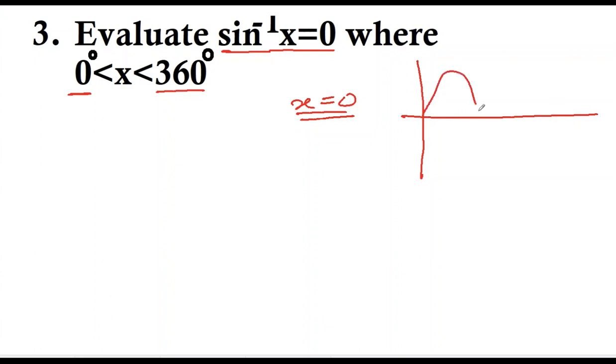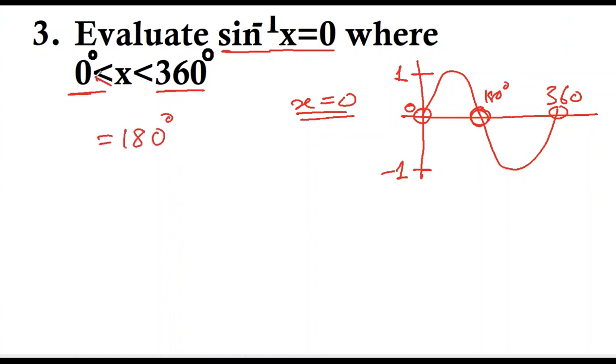The sine graph is like this, right? From 0 to 360 degrees, the maximum value is 1, the minimum value is -1. So we can see that this graph is at 0 at 3 places. So the answer from 0 to 360 degrees includes 180 degrees where it is 0.